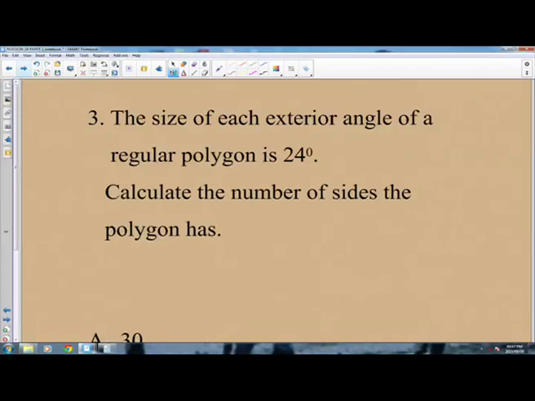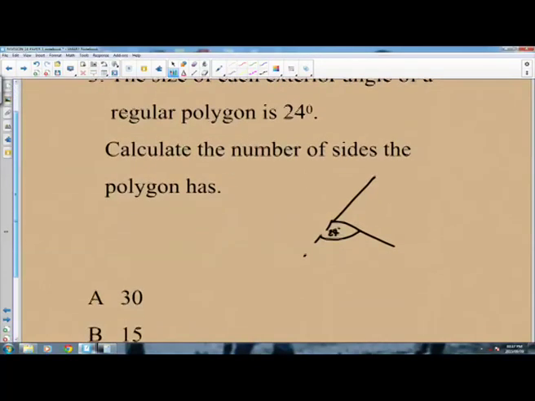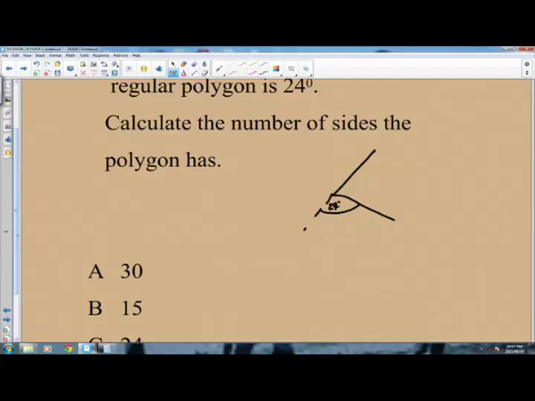So we are expected to find here the number of sides for this polygon. So this is how it is looking. We are saying the angle here is 24 degrees. Then the question says find the number of sides the polygon has. We are saying the angle in this case is 24 times the number of angles.